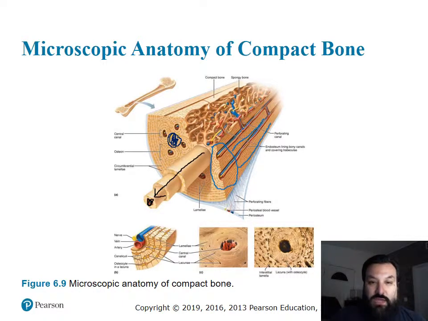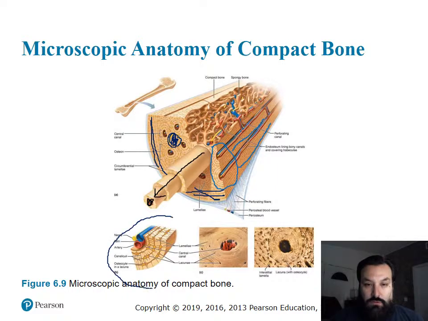And surrounding the entire set of osteons, if I extend down this way, would be circumferential laminae. You can see that there, right? Surrounding the entire set of osteons there. That's circumferential laminae, okay?